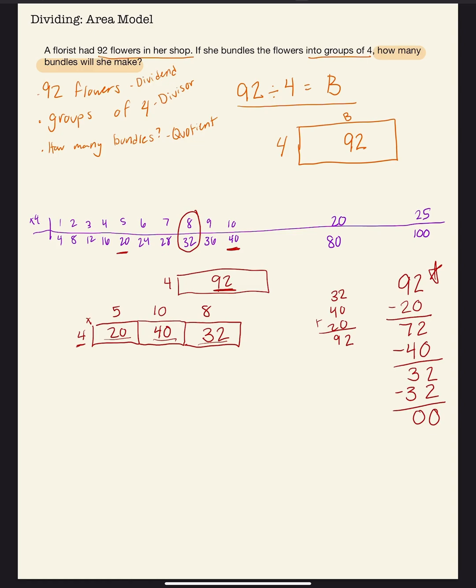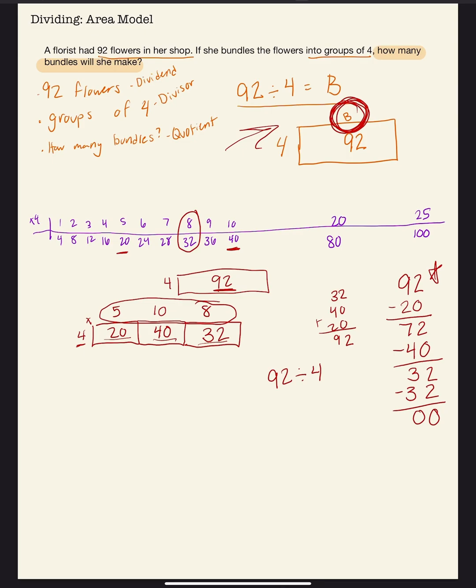Now what I need to figure out is my quotient. Because if you remember, my problem was 92 divided by 4. So now, to figure out my quotient, which is the answer to my division problem, I need to add these. Because if you remember, what we talked about up here is this B at the top would be my quotient.